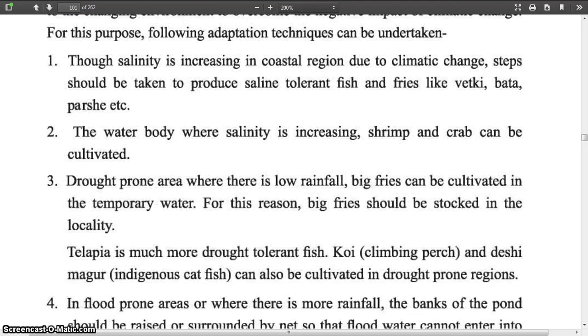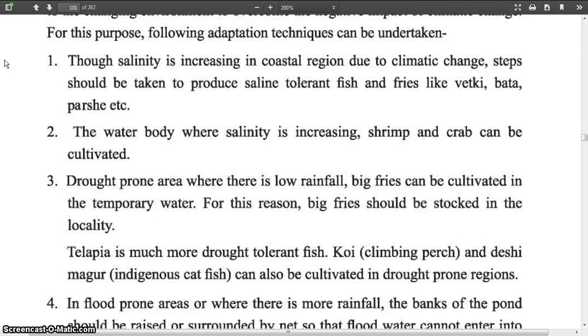Number one technique is, though salinity is increasing in coastal region due to climate change, steps should be taken to produce saline tolerant fish and fries like bhetki, bata, parshi, etc.